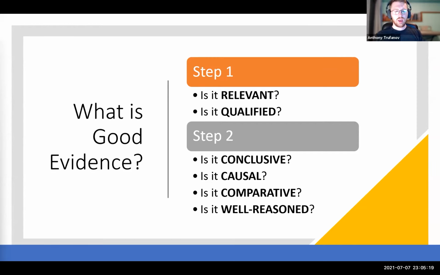Okay. The last kind of extra category I would think about is this pretty broad category of, does this evidence have good reasoning? Is it well reasoned? And the reason this is broad is because it kind of captures all of the other differences that you can have between multiple pieces of evidence in terms of the quality of the argument they're making.